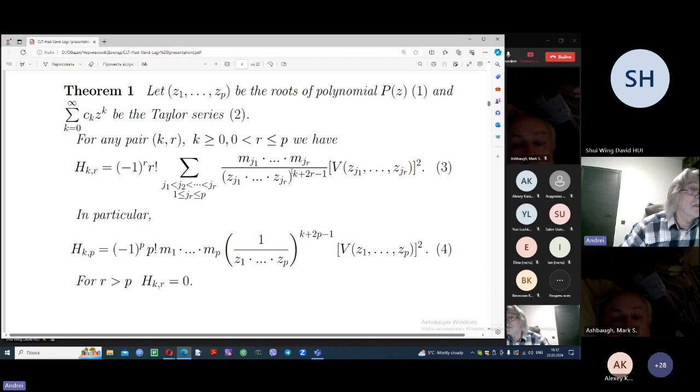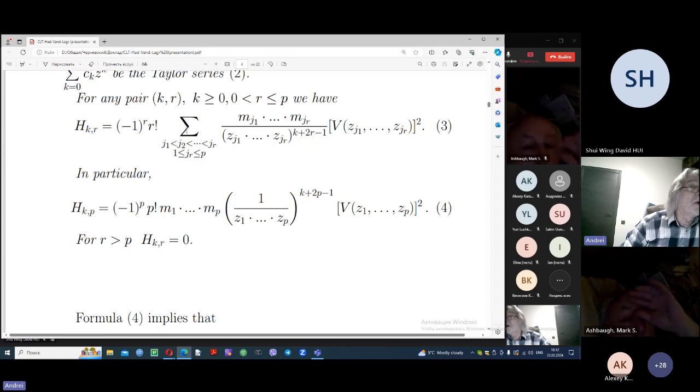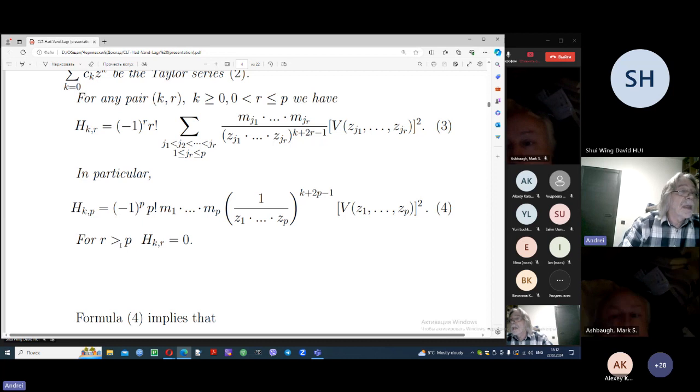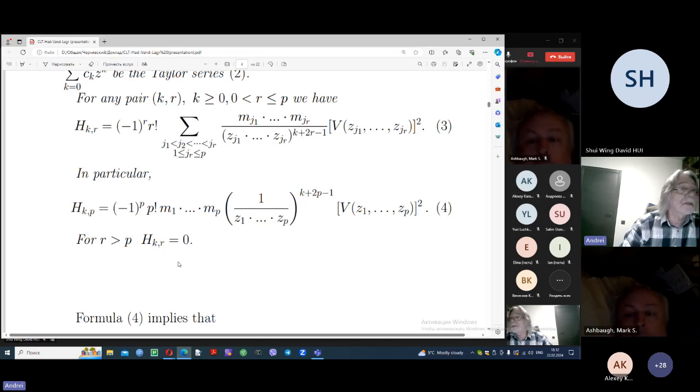In particular, we can see that there is only one term when r is equal to p, namely this one term. And if r is greater than p, then this determinant is equal to 0 for all r greater than p.